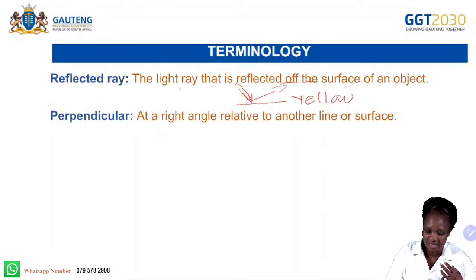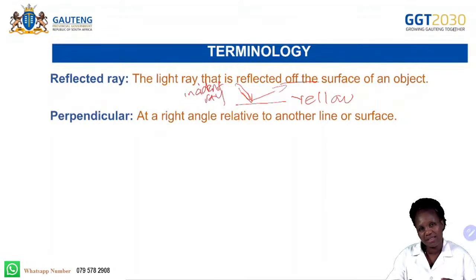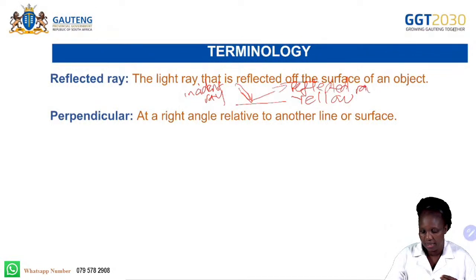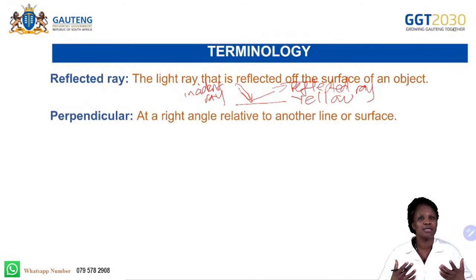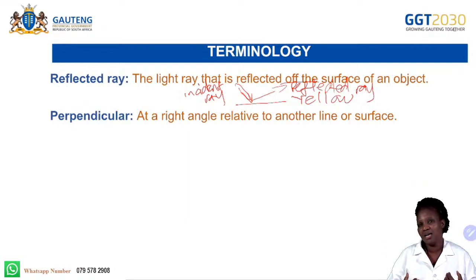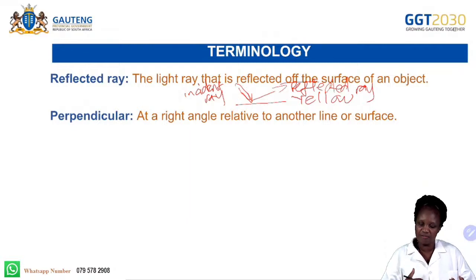This is the incident ray. And then this one that is being reflected from the surface, this is the reflected ray. This is the one that will show us the color of the surface.